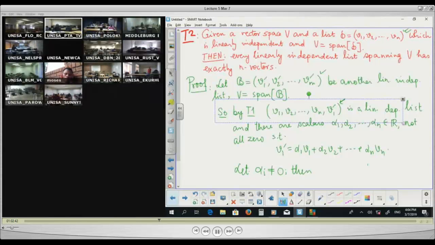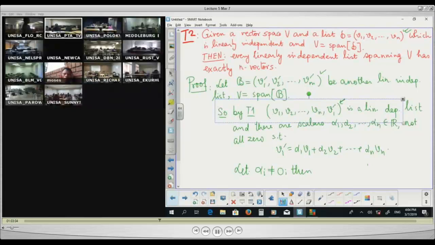Then you say they are scalars, alpha 1 to alpha n, elements of real numbers. Then you say not all are zeros. Just want to check something. That statement, not all are zeros. What's the logical step that you took for that statement?